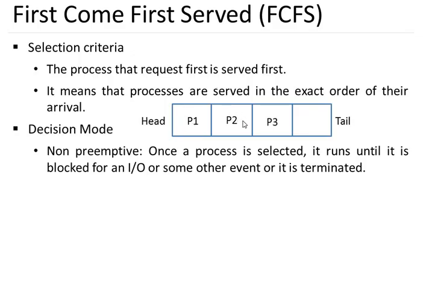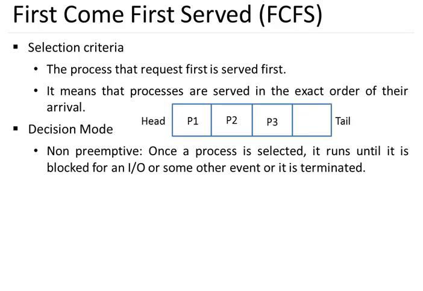But remember my words: the arrival of any new process will not affect the currently running process in non-preemptive nature. Either it is terminated or it is blocked for an input output, or some other external event can happen, but the arrival of a new process will not affect it. So that is the nature of non-preemptive.